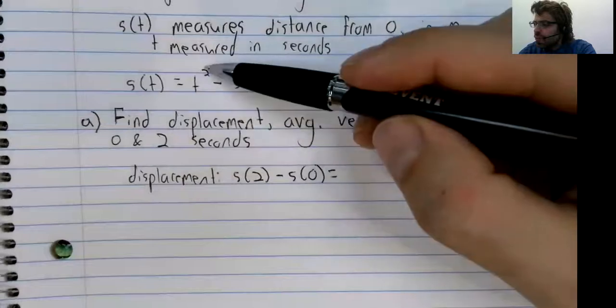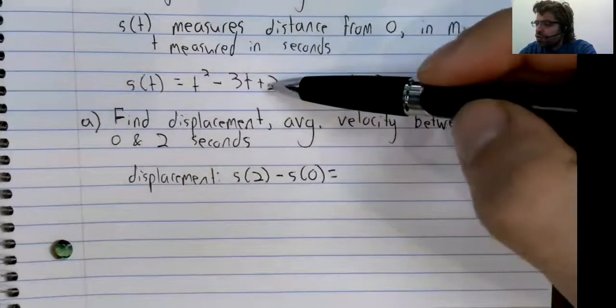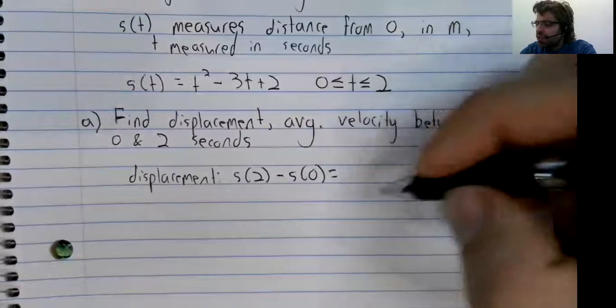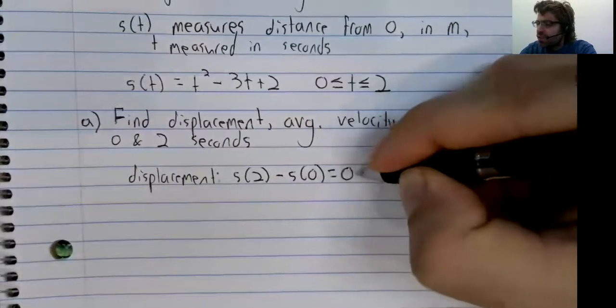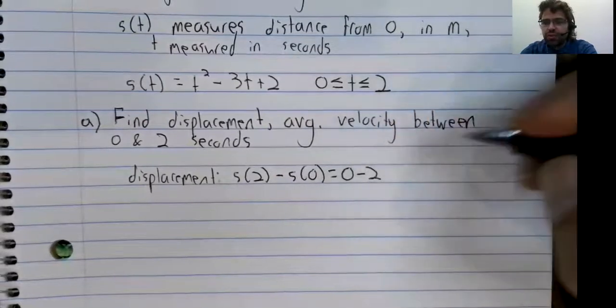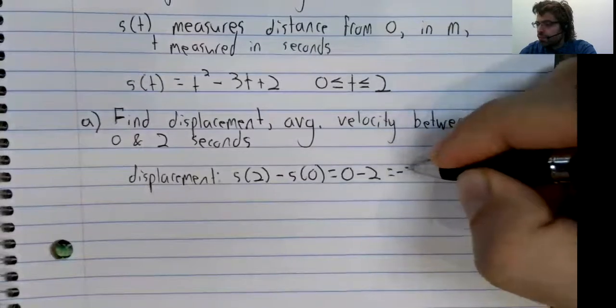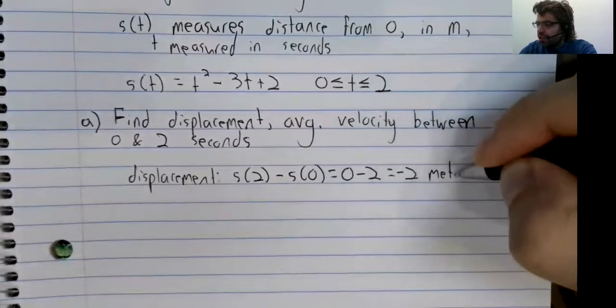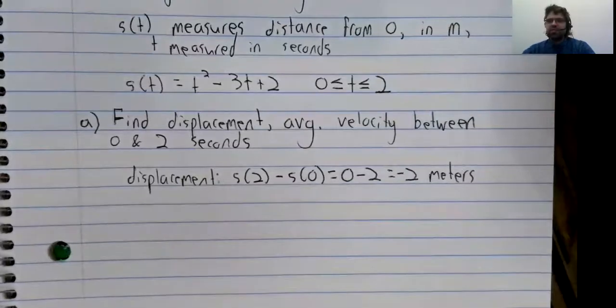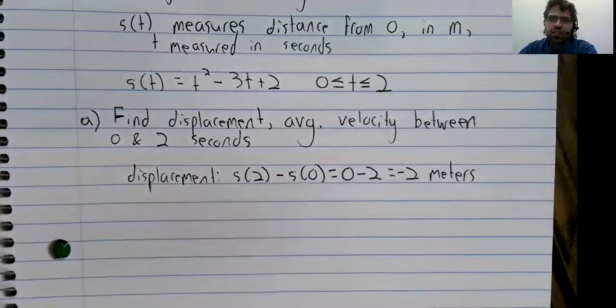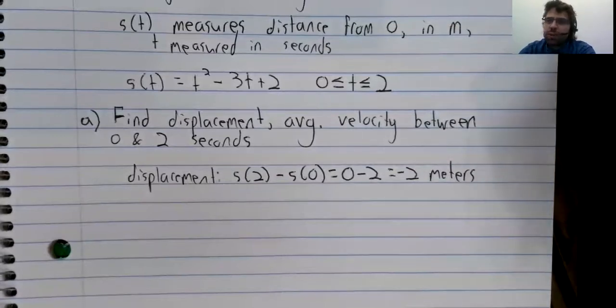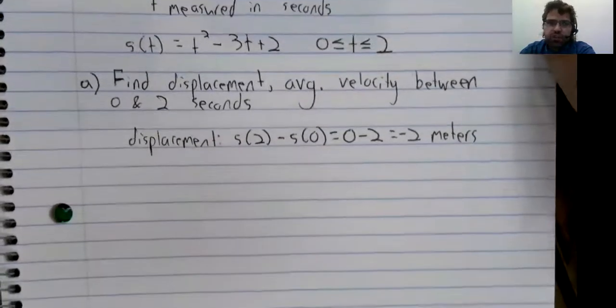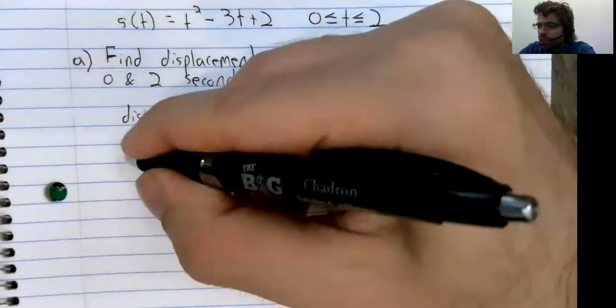Let's see, 2 squared is 4, plus 2 is 6, minus 6, 0 minus 2. So the displacement is negative 2 meters. That's not the total distance the object moves. You just take where the object started and you take where it ended up and you subtract them.